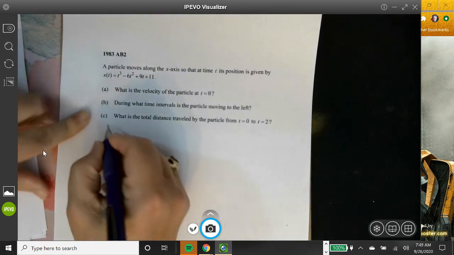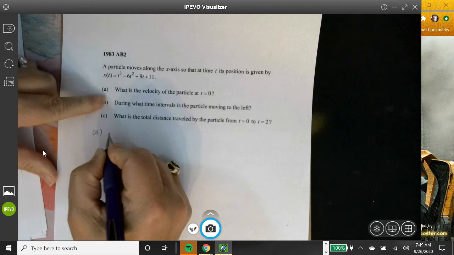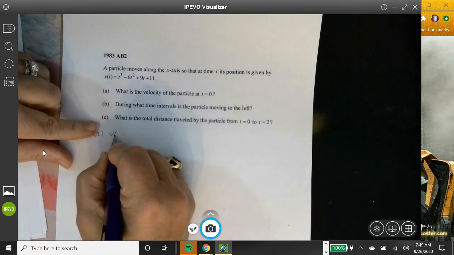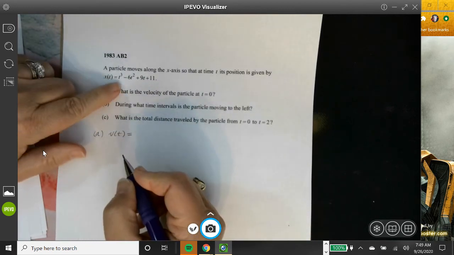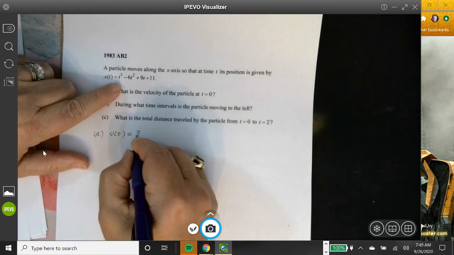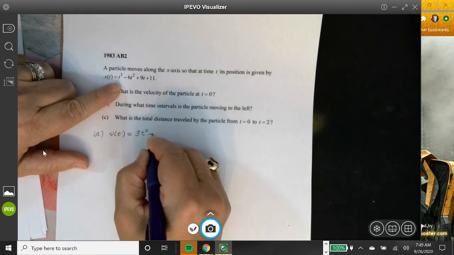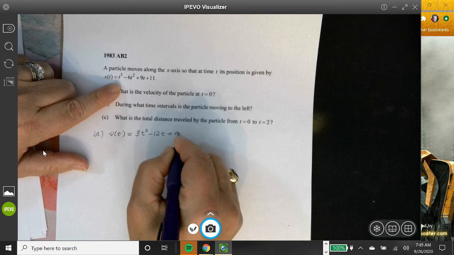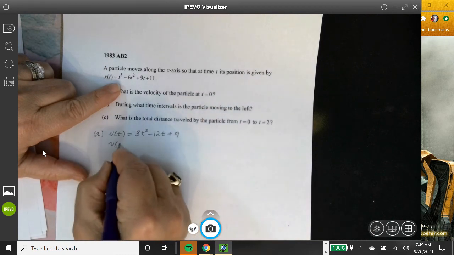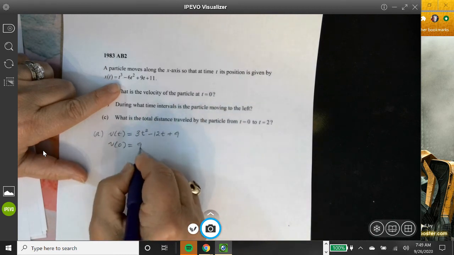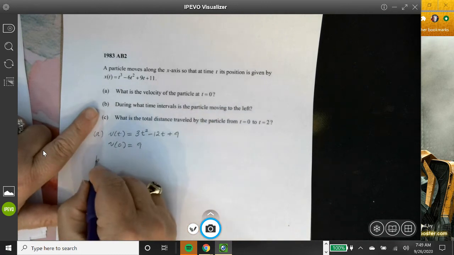What is the velocity at t equals 0? I need to find the velocity function first, which is the derivative of the position using the power rule: 3t squared minus 12t plus 9. And v of 0 is just 9. That's part A.